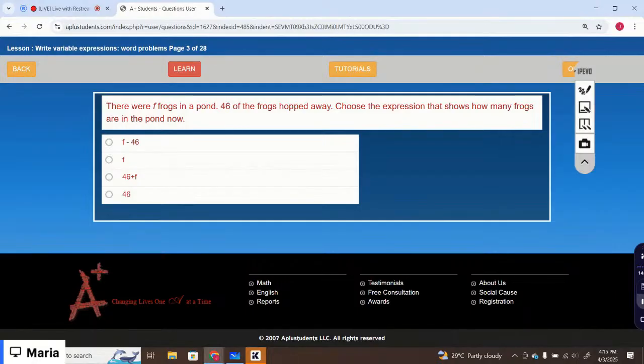How many frogs are there in the pond? That is F minus 46. Option number one is the correct option.